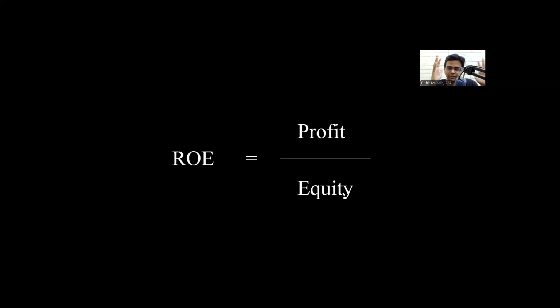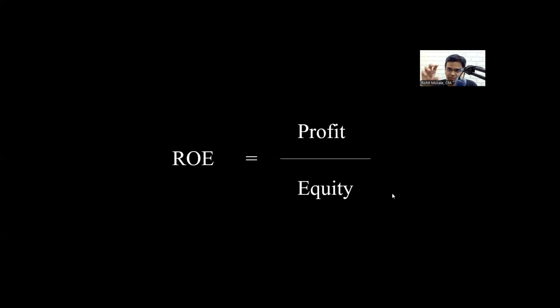So profit is over a period of time, equity is on a particular date. So normally what people do is they take the current latest annual profit figure. For equity, they take the past 2 years of average. So today's equity and last year's equity, I take an average and that average becomes the denominator.